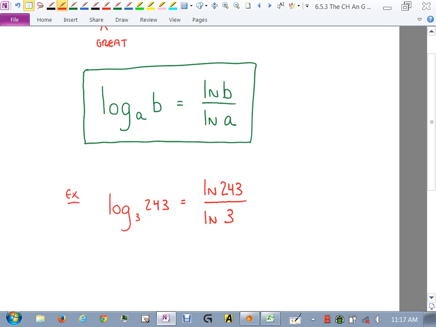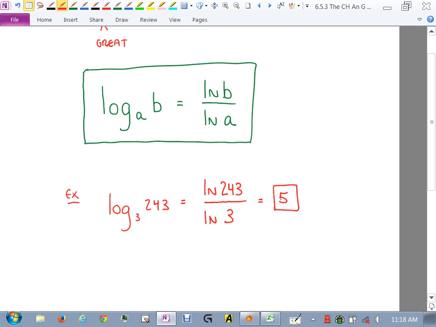So I get 5. Does anybody with a calculator not get 5 or have trouble typing this in? No? Did you get 4.9999 or something like that? No? You just have to make sure you use parentheses correctly. So this is 5 according to my calculator.